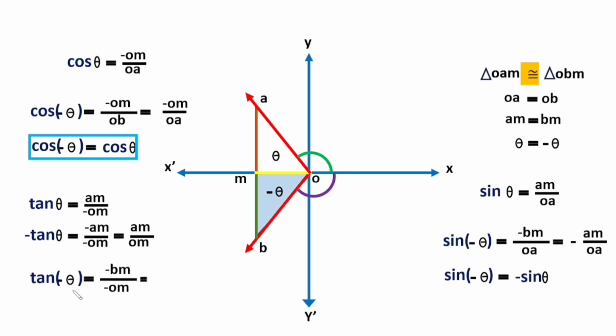Now for tan minus theta, minus BM upon OM. So both the negative signs are cancelling out each other, so it becomes BM upon OM. But AM equals BM, so we can write AM upon OM. Hence, tan minus theta equals minus tan theta.